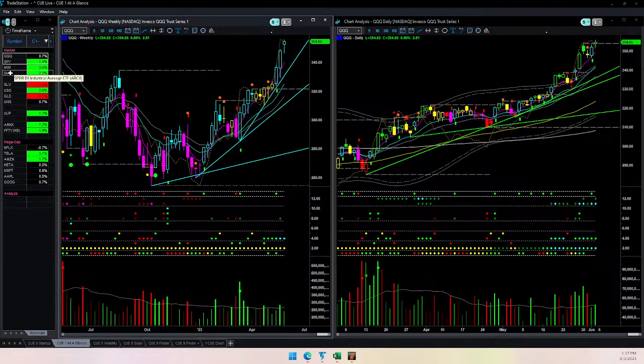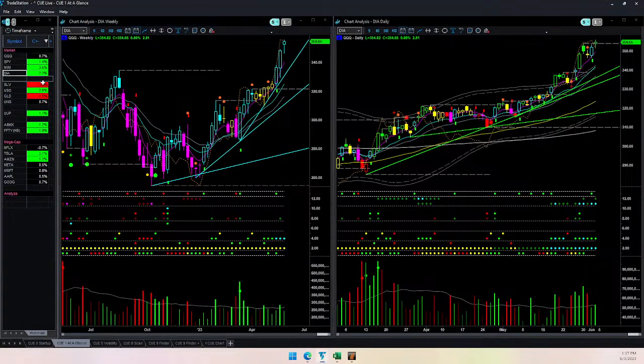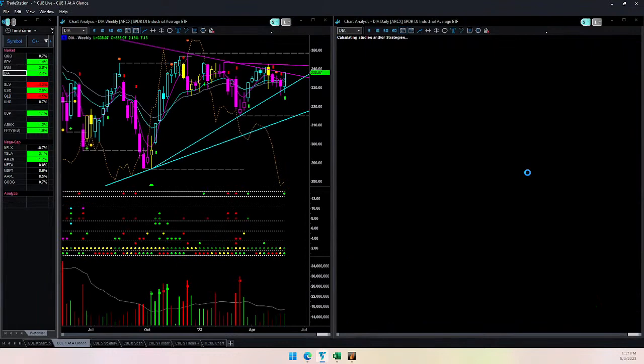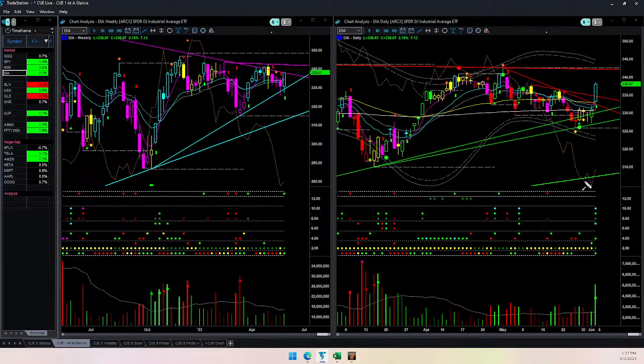On the other hand, DIA and IWM were not so strong in recent weeks. And if I look at DIA now, DIA was in fact inside a triangle in both weekly and daily. And though this week closed strongly up, it is still remaining in the sideways range.